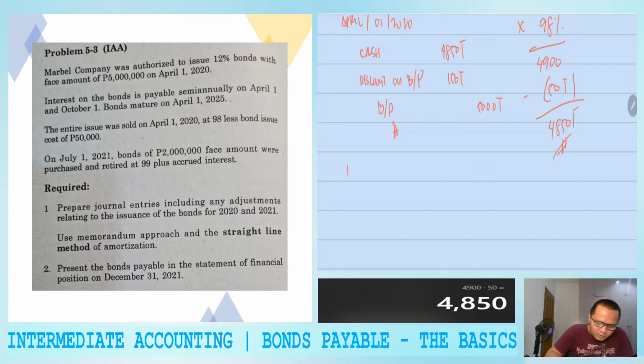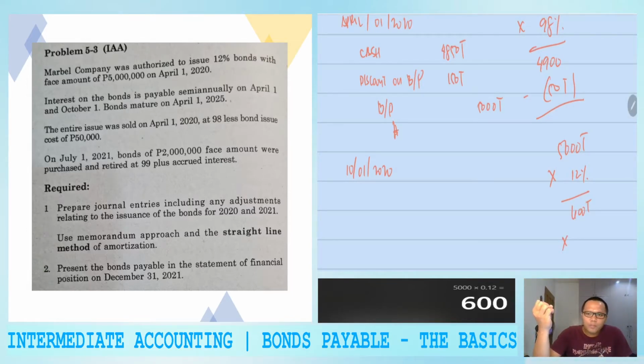Okay? Continuing with our illustration, interest to be paid April and October 1. So the next entry would be on October 1, 2020. Interest, basically that is 5 million, interest of 12%, so that is 600,000. So again, April to October 1, that is 6 months.